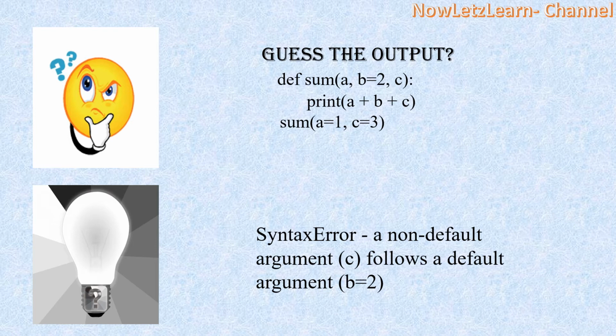But what happened here is a comma b is equal to 2 is fine, but after that, again I'm giving a non-default argument, which is a mistake. So remember, in Python, a non-default argument comes first, and then a default argument comes. So a default argument should always be last.